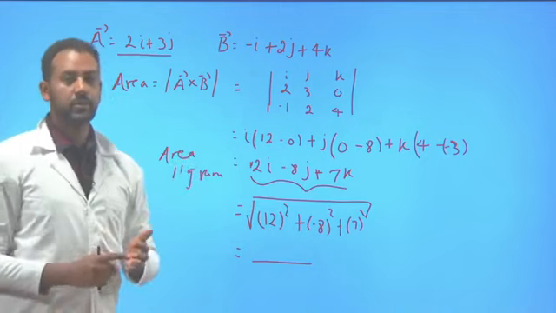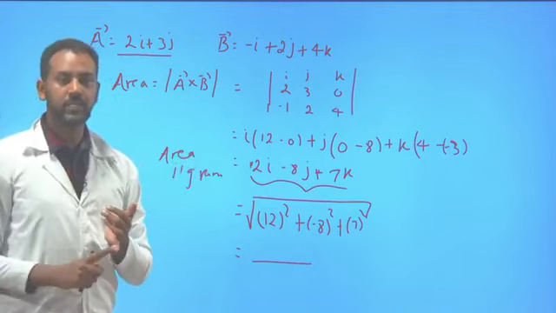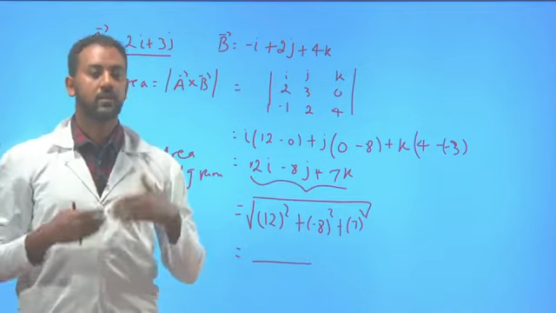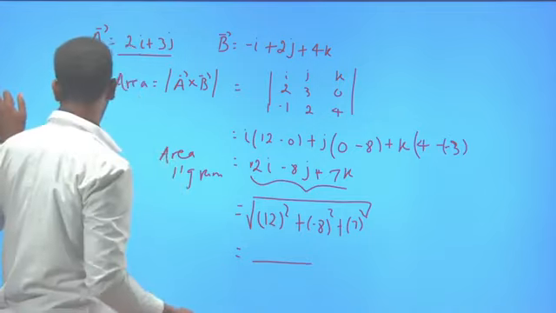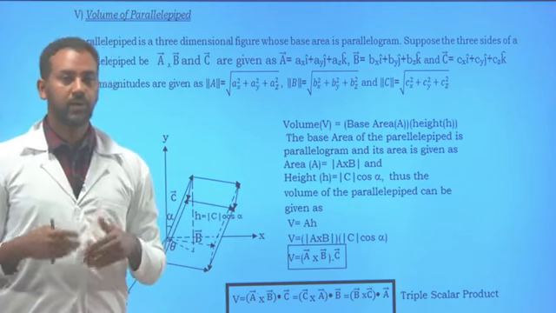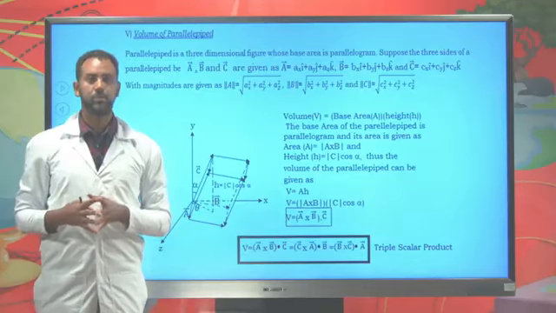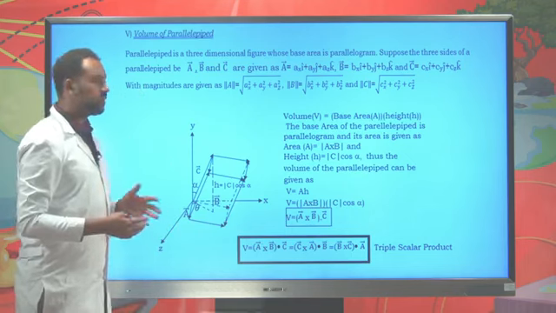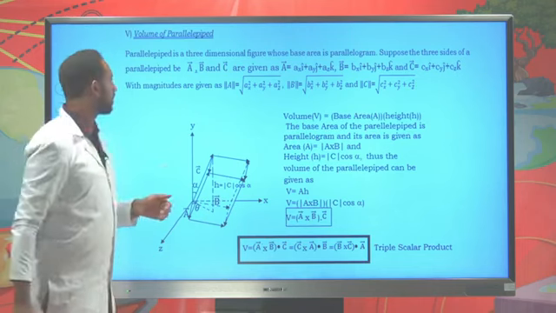So one of the applications of vectors is to find the scalar projection. The other is orthogonality of vectors, and the other is the area of a parallelogram. And at last, it's possible to find the volume of a parallelepiped. The volume of a parallelepiped can be determined using a vector product.